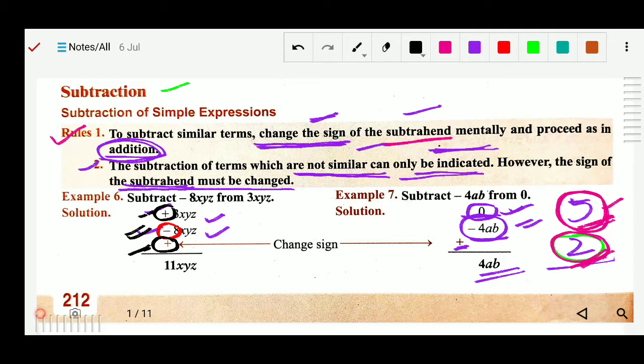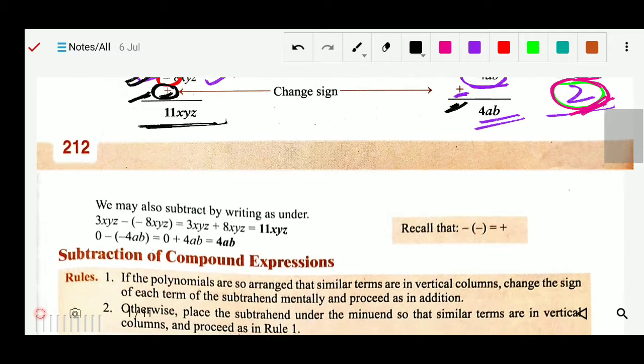Between 3 and 8 there will be addition. 3 plus 8 is 11, and the sign will be plus because the greatest number is 8 and its sign is plus. So we only change the sign of the subtrahend part. Got it?